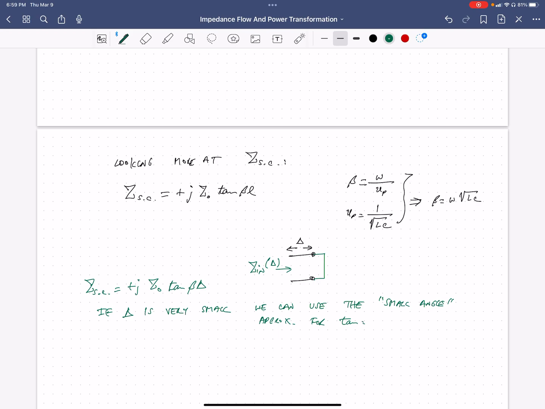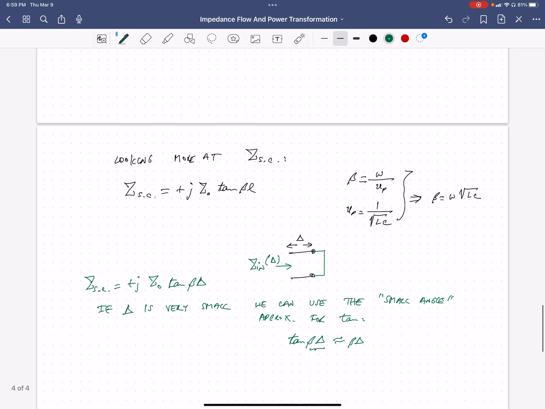So for very small values, tangent of beta delta is approximately equal to beta delta.